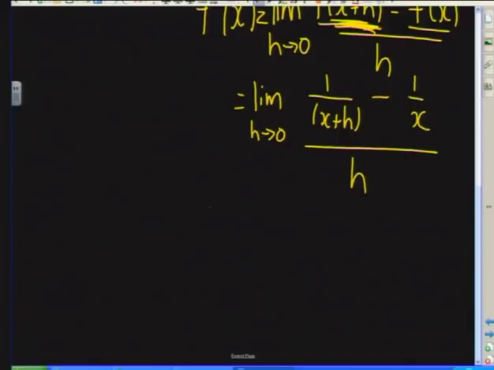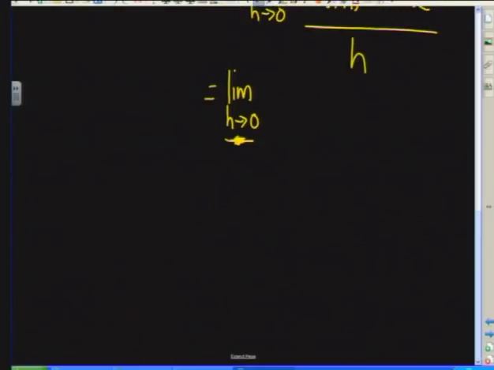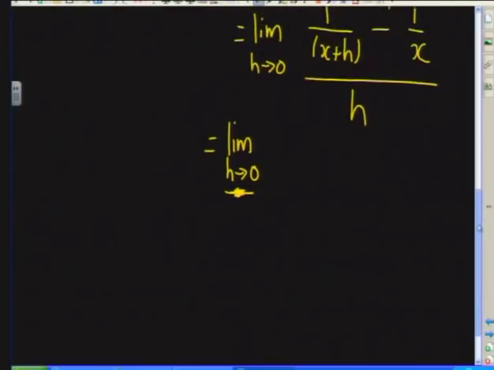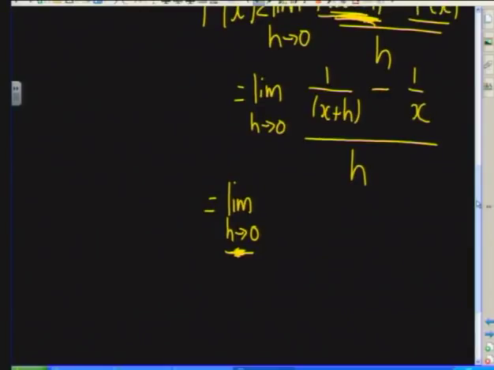Okay, then that's equal to, once again, we bring down the limit as h approaches 0. Instead of saying approaches all the time, we can also say tends to 0. So you'll often hear us saying either approaches or tends to 0 interchangeably. It's the same thing. Okay, so I've got 1 over x plus h minus 1 over x all over h.